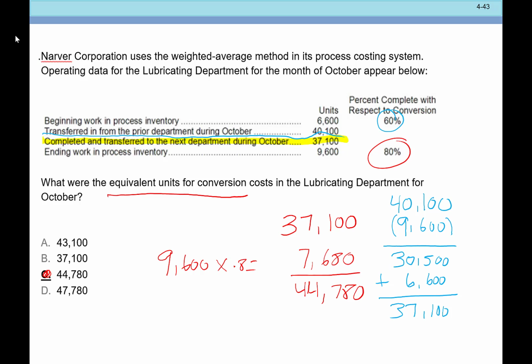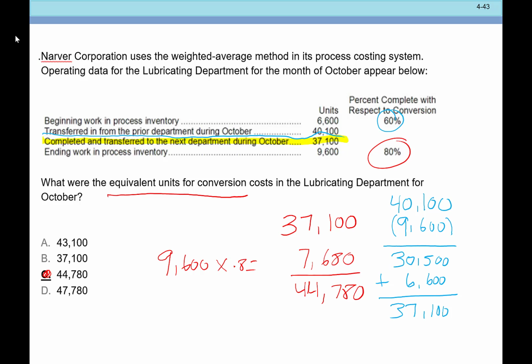But let's take a look and see how we could have gotten this 37,100 if they didn't give it to me. So what I would do is pick up the units that were transferred from the other department. Then I'm going to go ahead and do what? Subtract out the units that weren't completed yet. And if I add in then the beginning inventory, that gives me 37,100, doesn't it?